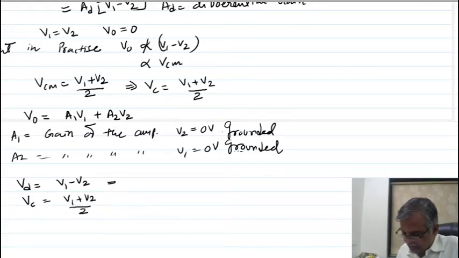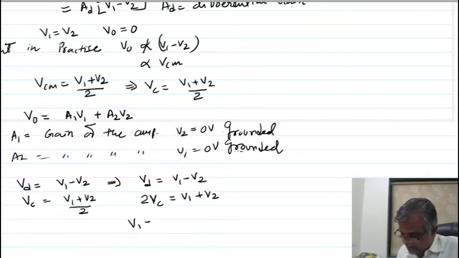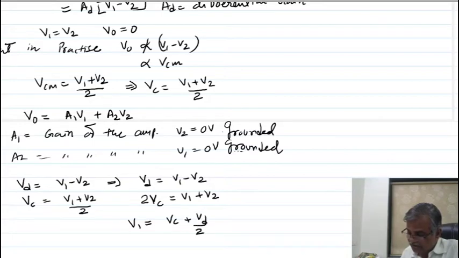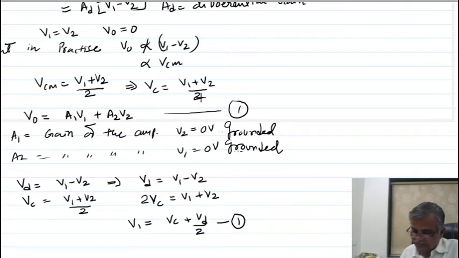So from this I can write VD is equal to V1 minus V2, the differential signal. 2VC is equal to V1 plus V2. So from this I can write V1 is equal to, it's very easy, VC plus VD by 2. You can check. Let me say this is equation 1.